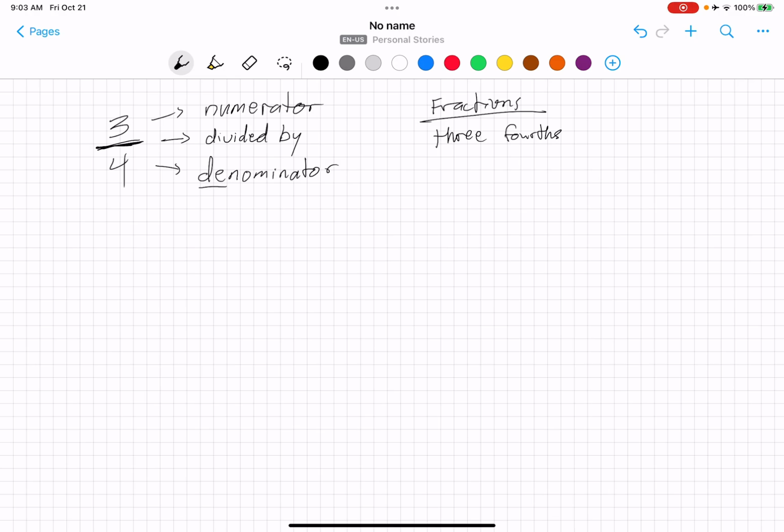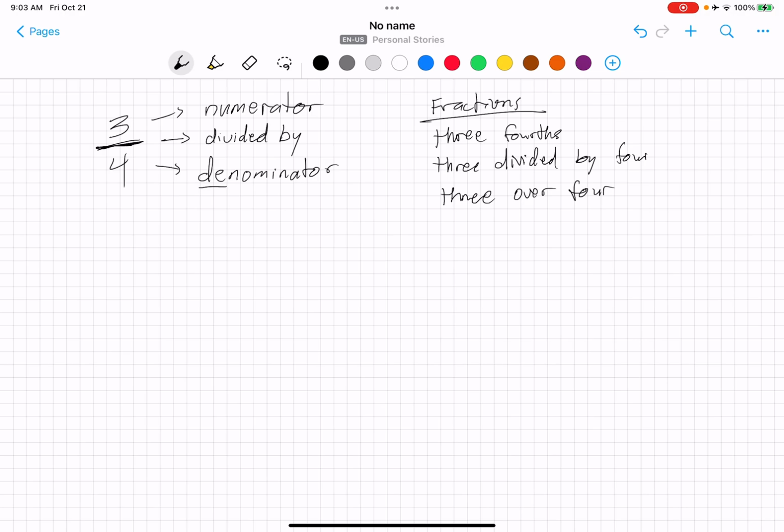So another way we can say this is we could say 3 divided by 4. And finally, we can say 3 over 4. All three of these ways would be a correct way of stating a fraction.